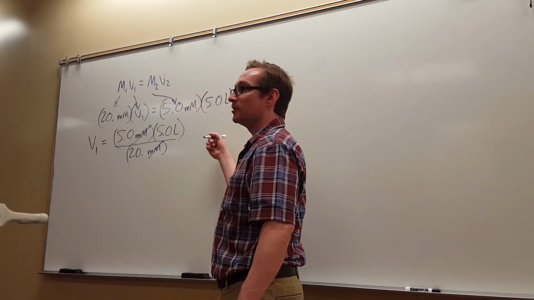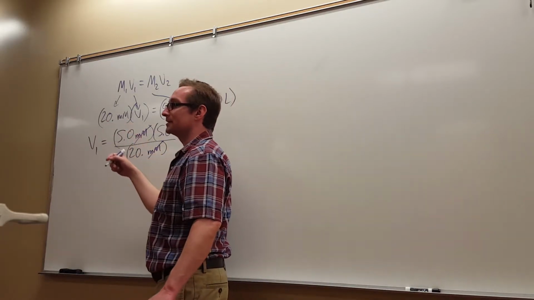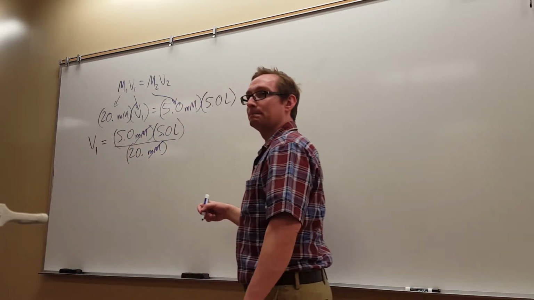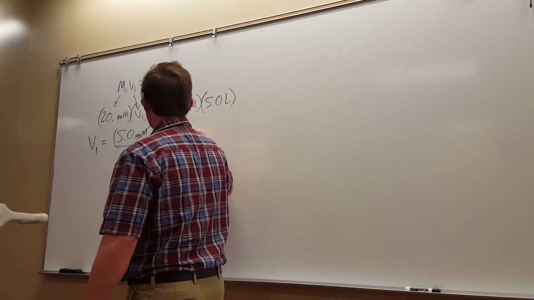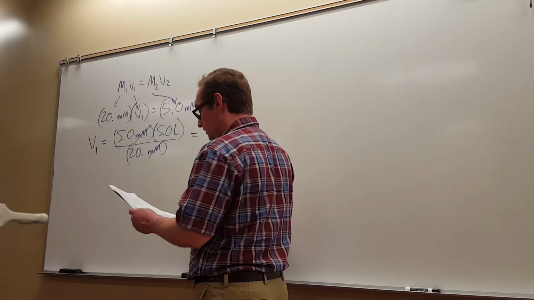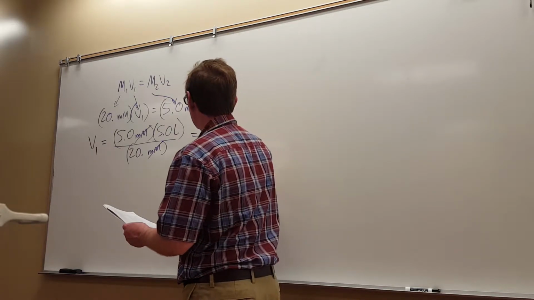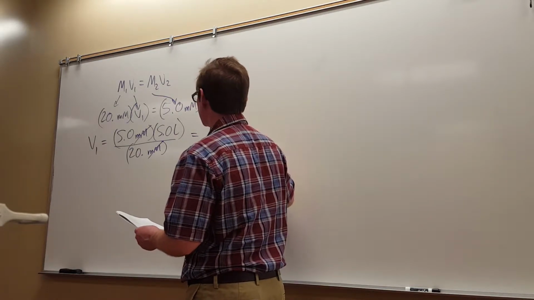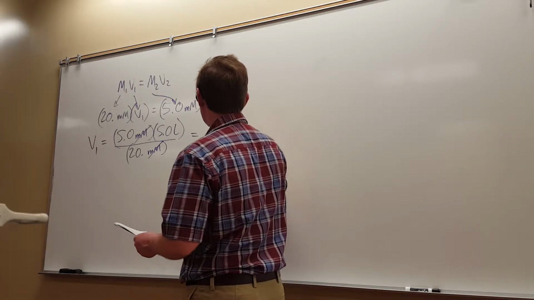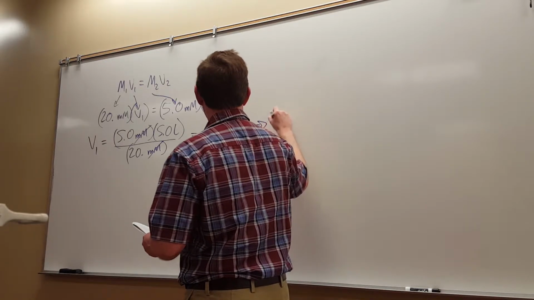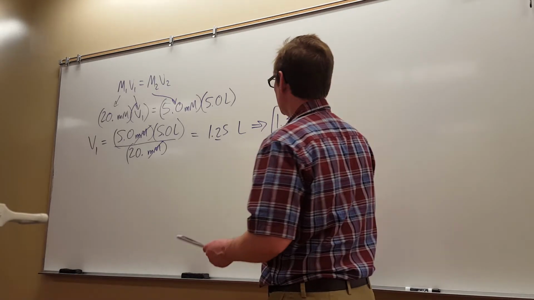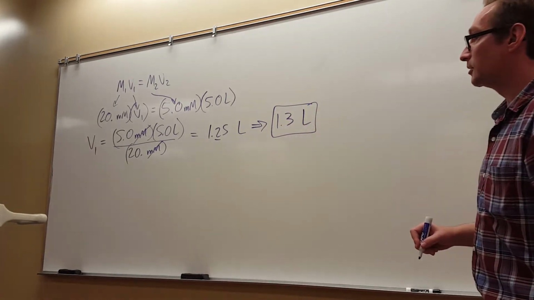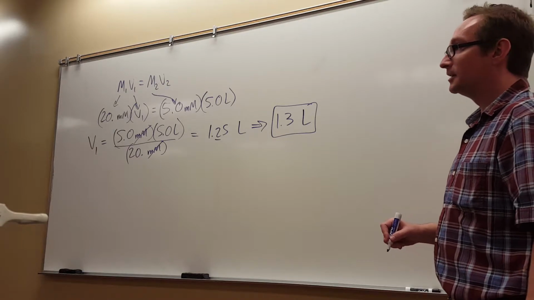We can just leave them as millimolar as long as the other one is in the same units. Does that make sense? And we get liters for a unit, and we get 1.25 liters. To 2 sig figs, though, it would be 1.3 liters. Okay, so we would need 1.3 liters of our stock.